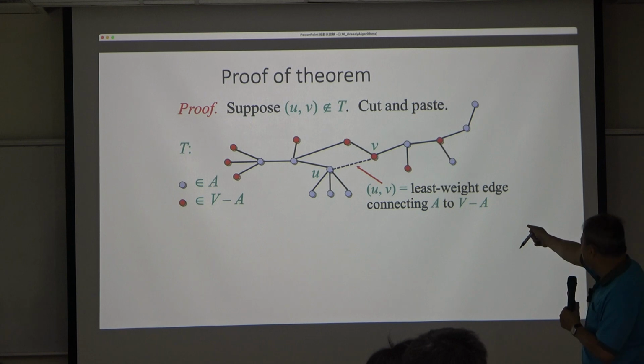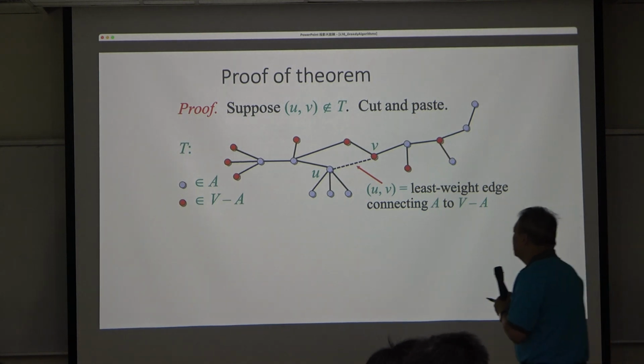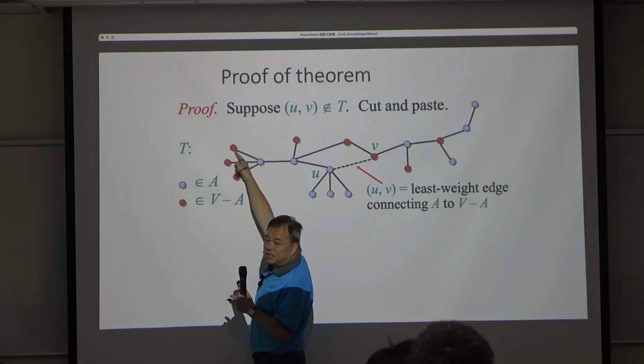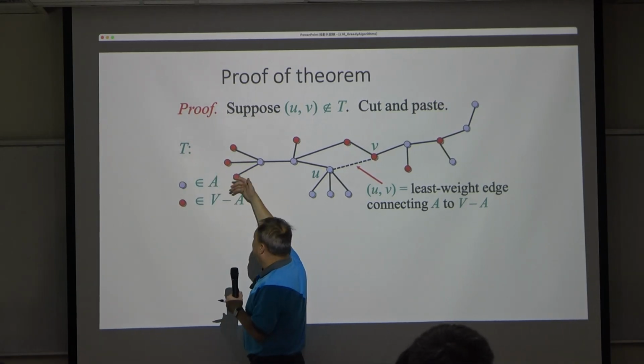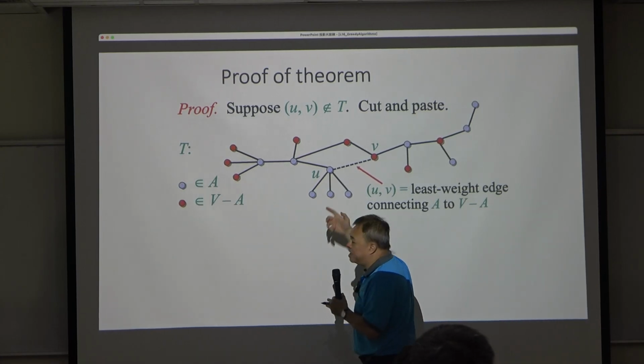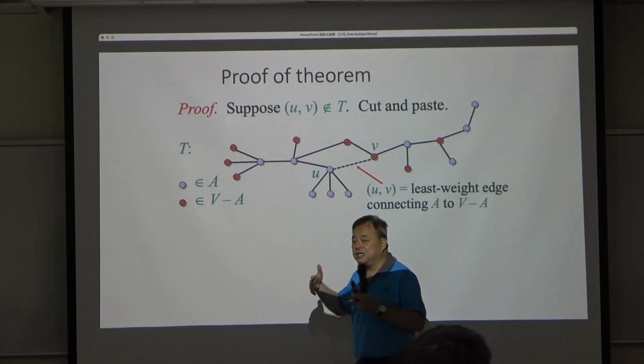If you look at here, you can see these nodes obviously are not connected, right? If you only look at V minus A, these nodes in V, they are not in A, they are not connected either, right?